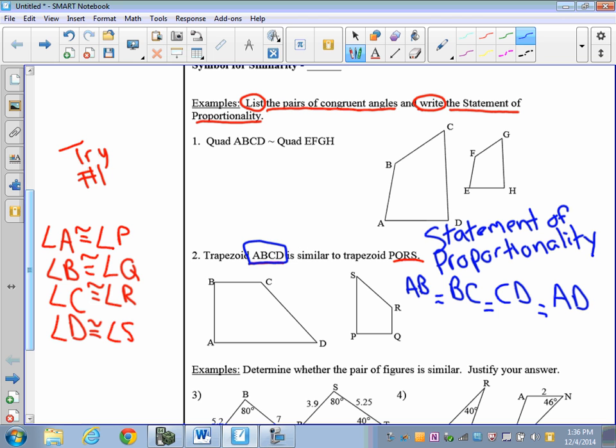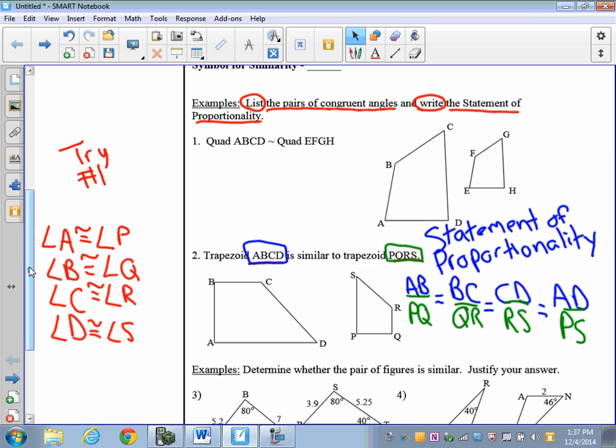First and second's AB, second and third are BC, third and fourth are CD, first and fourth are AD. And I'm going to put them all over the corresponding letters from the other polygon. So I'm going to have PQ, the first and second, QR, the second and third, RS, the third and fourth, and lastly we'll have PS, the first and the last. So all we're doing is matching things up.